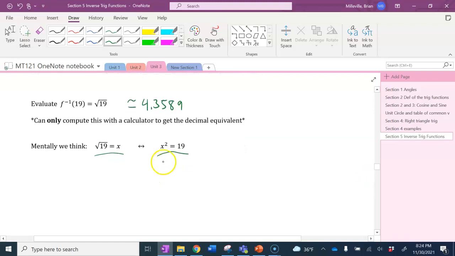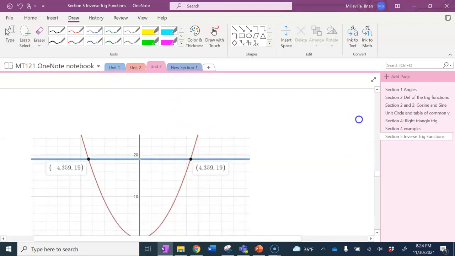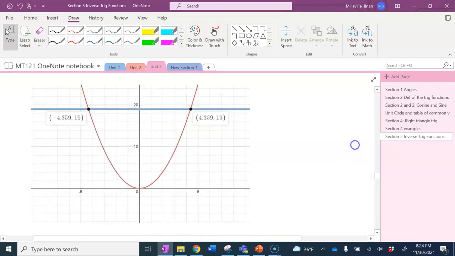So if I now graph the equation y equals x squared, and then take the right hand side and also set that equal to y, and graph both of those equations and look at where the graphs intersect, they intersect at these 2 points. That's going to give us the positive square root of 19 and also its opposite, negative the square root of 19, which are the 2 solutions.